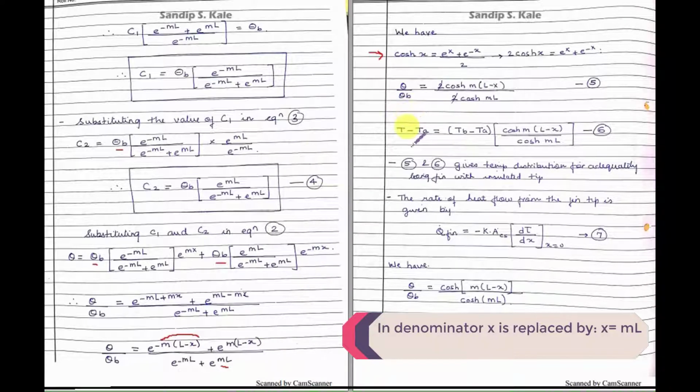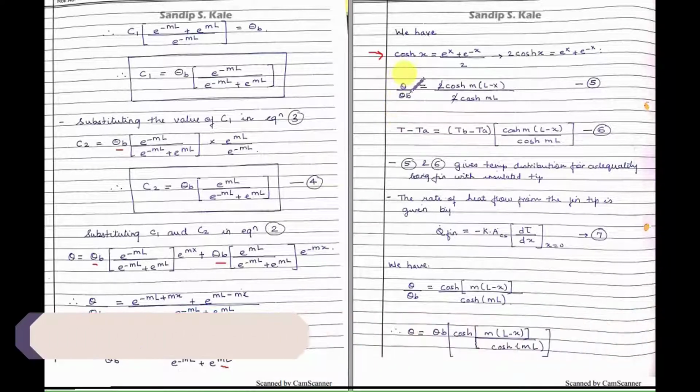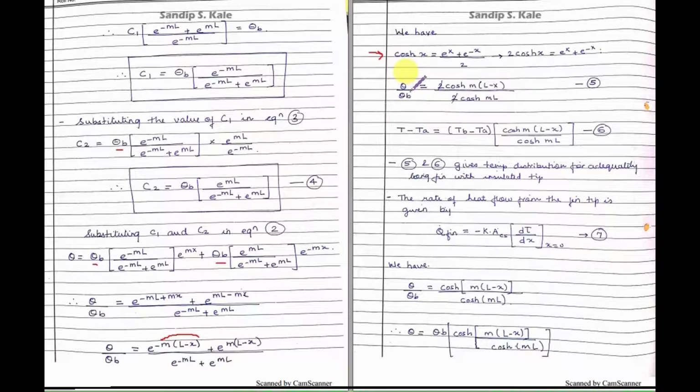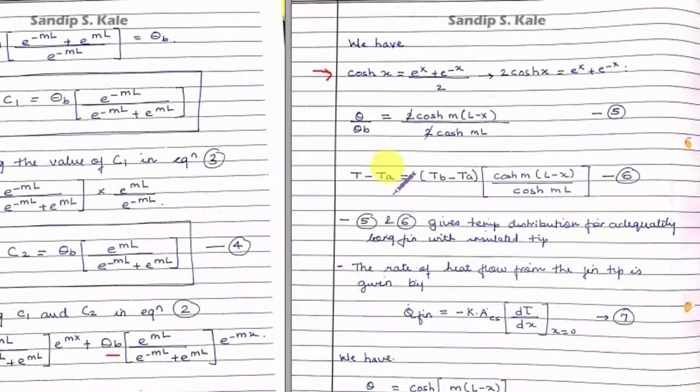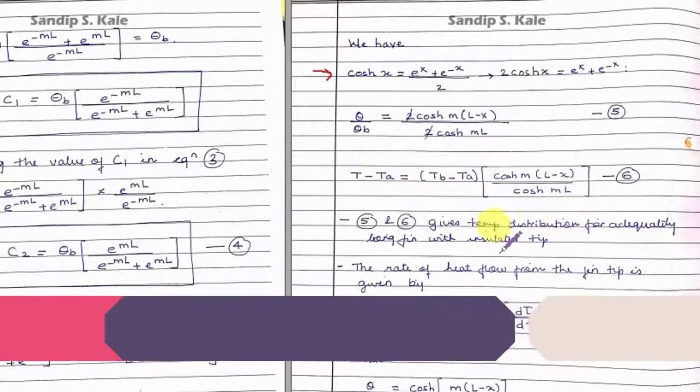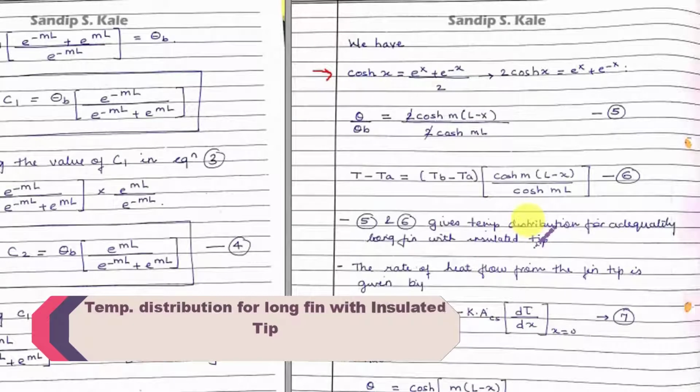So after rearranging, theta is nothing but t minus ta divided by theta b. What is theta b? tb minus ta, that is equal to cos hyperbolic m multiplied by L minus x divided by cos hyperbolic ml. So equations number 5 and 6 represent the temperature distribution for an adequately long fin with insulated end.